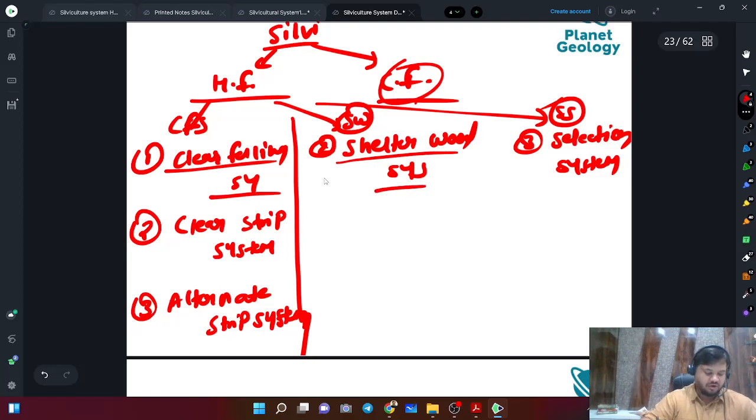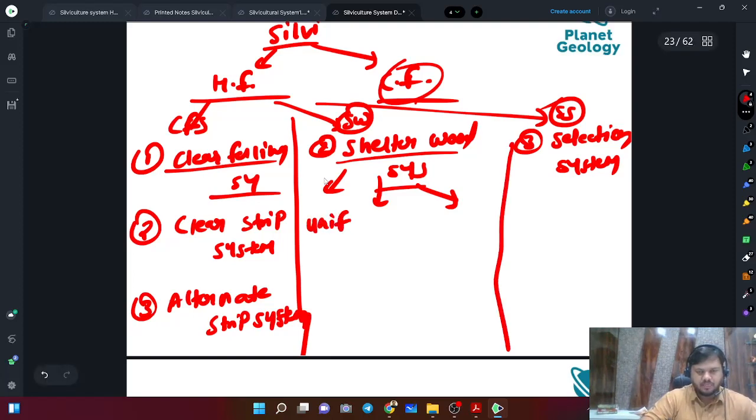Shelter wood has a lot of modifications, right? So there are three which are most important, most commonly asked in examination. Almost every year UPSC asks them. First one is uniform shelter wood system.